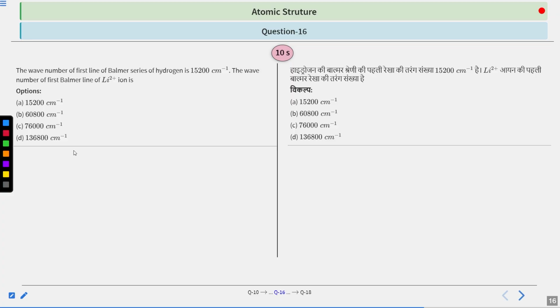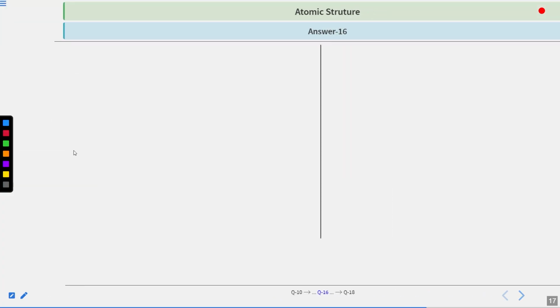Before we see the solution, you have 10 seconds to solve the question. Your time starts now.